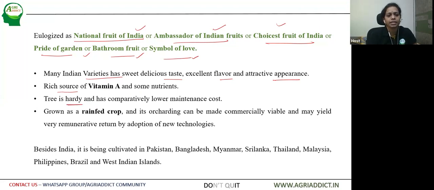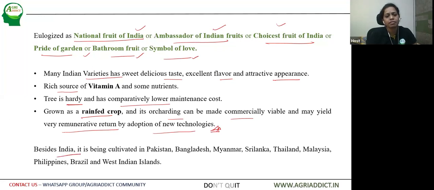The tree is very hardy in nature and has comparatively low maintenance cost, so it can thrive well under any circumstances. Mainly it is grown as a rainfed crop in our country, and its orcharding can be commercially viable and may yield very remunerative returns by the adoption of new technologies. So that is the reason why mango has been given this many terms.